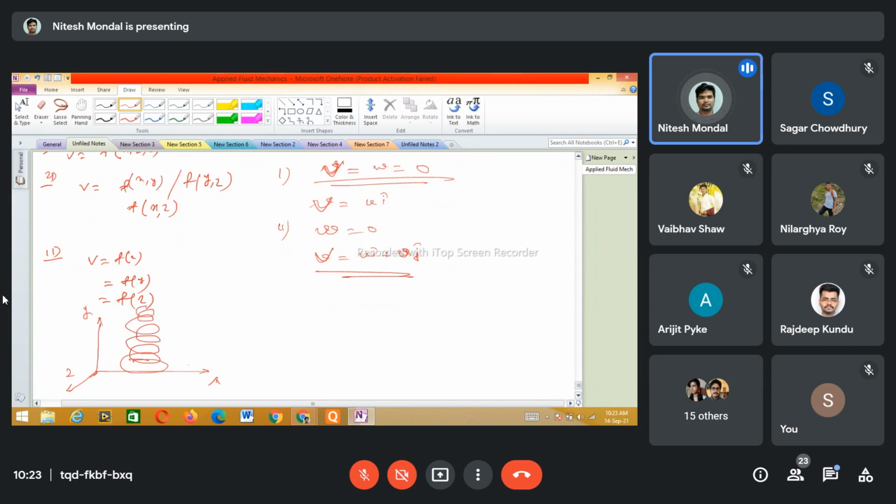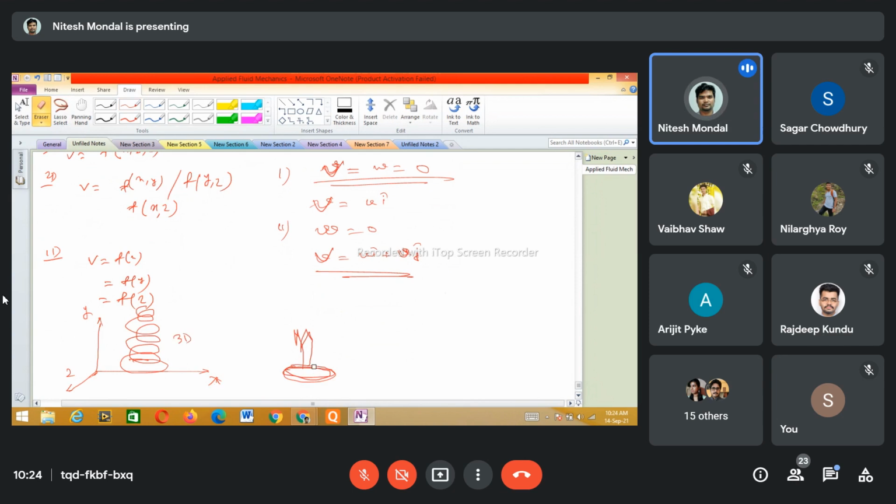If it moves like this, then you can say that a circle is present on the xy plane and the height in the z direction. Or, sorry, according to my diagram, the circle base is in the xz plane, and this is the height, the z direction. So this is an example of 3D.